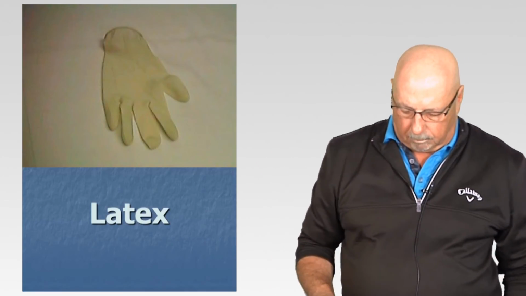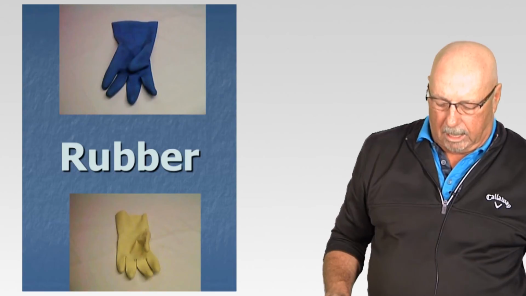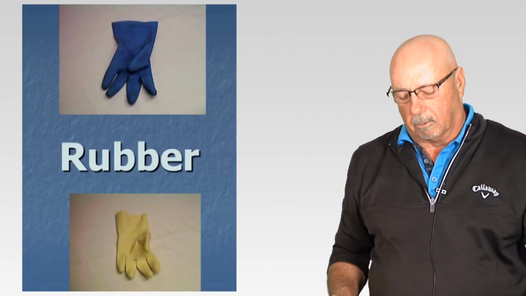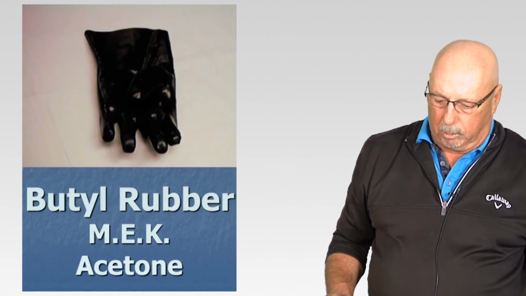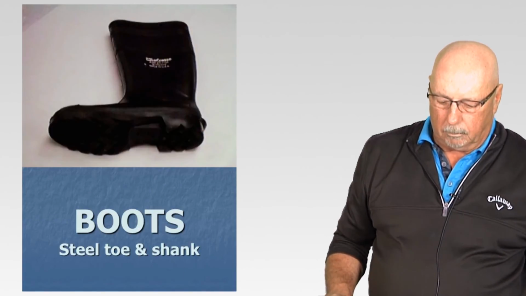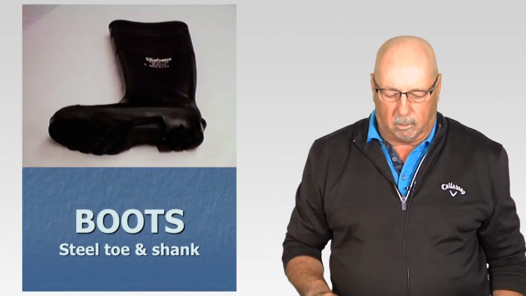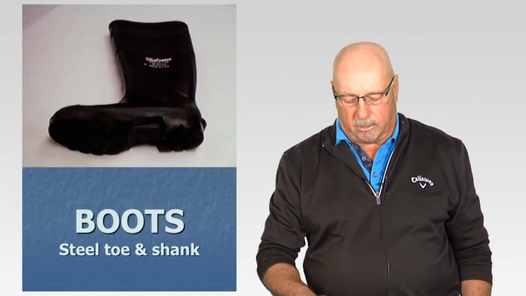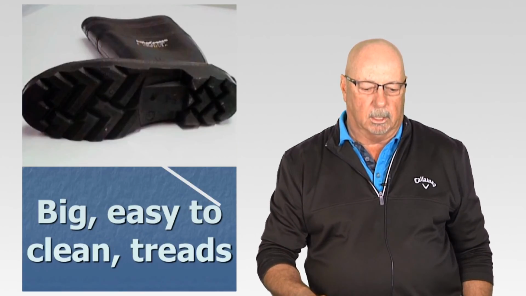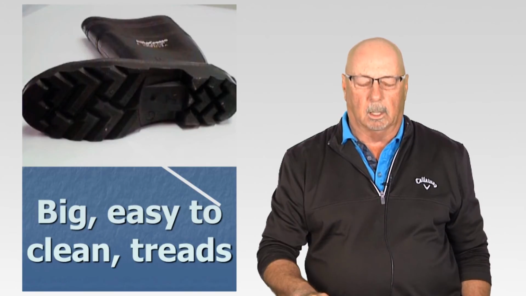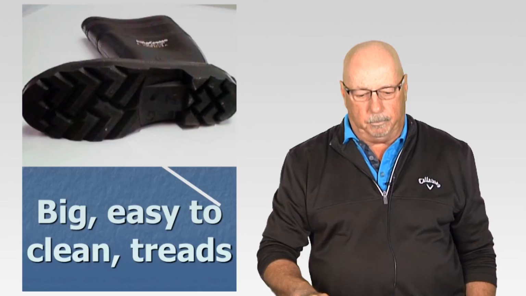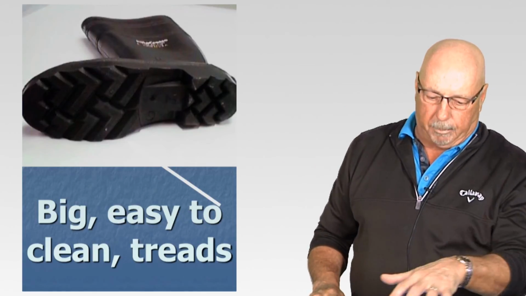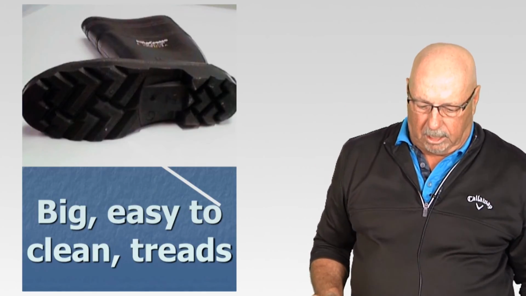Here's an example of some latex gloves, rubber gloves, and there are various types of rubber materials that can be used: nitrile gloves, butyl rubber. Then boots. We get into boots and steel toes and shanks, where you may be in a situation where you have to wear those types of foot protection. When you do that, you want to make sure that you get treads that are going to be easily cleaned.